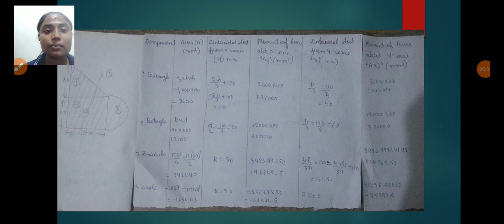At last we take the circle, which is the unshaded area. Then we will subtract this component from all these three components, that is triangle, rectangle and semicircle. Now let us do that. The area of the circle is pi r square. Pi into r square is 20 square, and we get 1256.63.